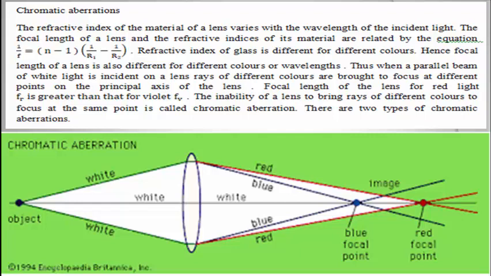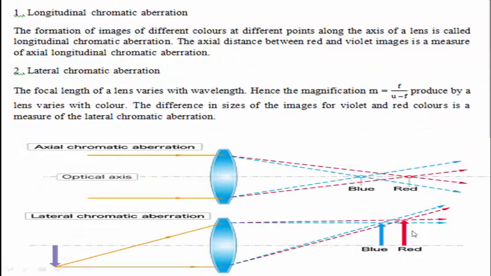The inability of a lens to bring rays of different colors to focus at the same point is called chromatic aberration. There are two types of chromatic aberrations. Longitudinal chromatic aberration: the formation of images of different colors at different points along the axis of a lens is called longitudinal chromatic aberration.